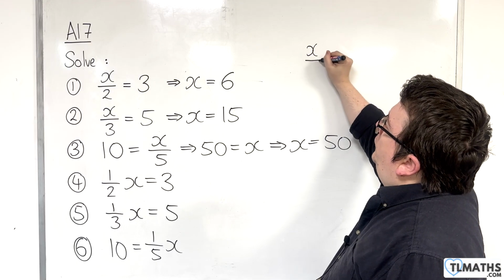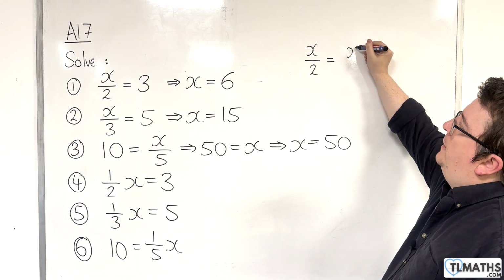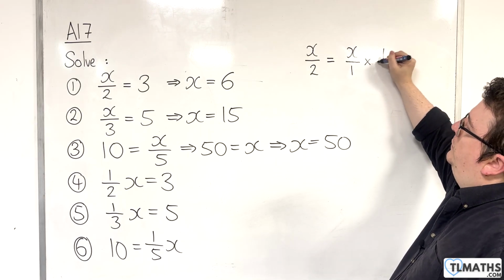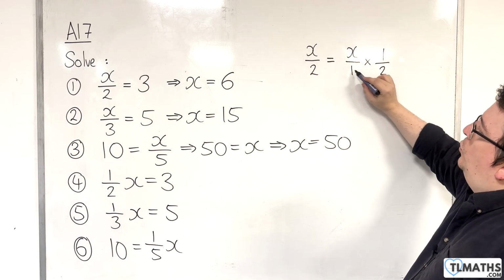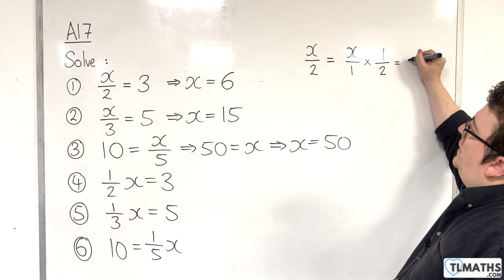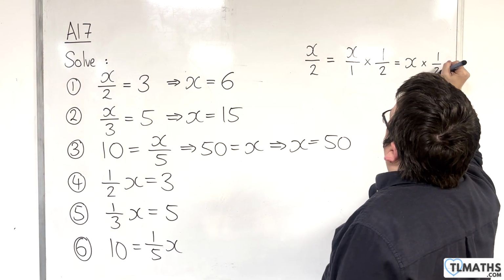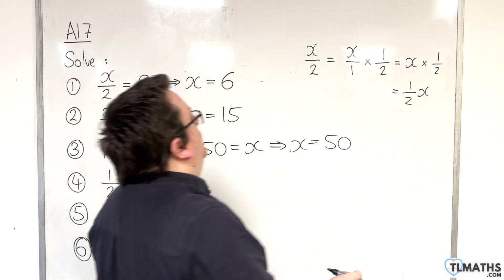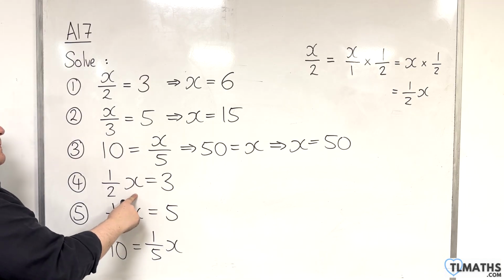So x over 2, you could write as the multiplication of two fractions. Because x times 1 is x, 1 times 2 is 2. So this is the same as having x, which is x over 1, times 1/2, which is the same as 1/2 x. So what that means is that these two problems are equivalent.